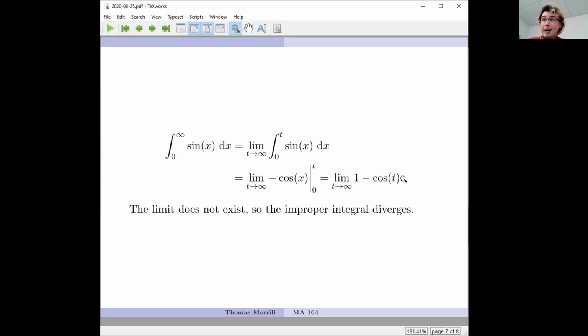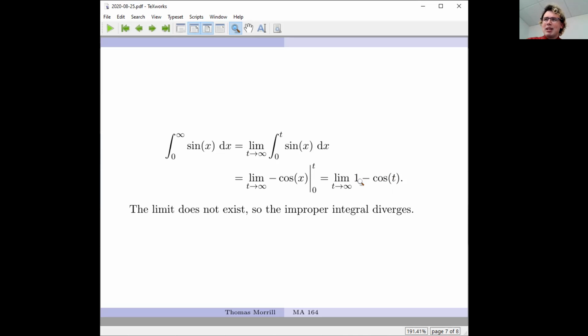And so the oscillating that we were seeing before, where just painting the area and measuring that was oscillating between 0 and 2, the reason for that is right here. It's this cosine function. The cosine function is going to bounce back and forth between -1 and +1.